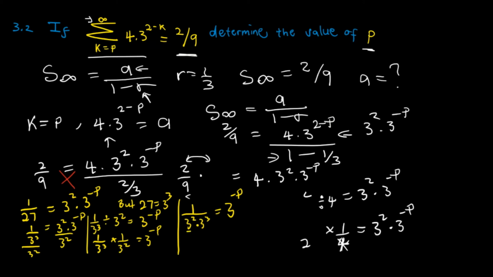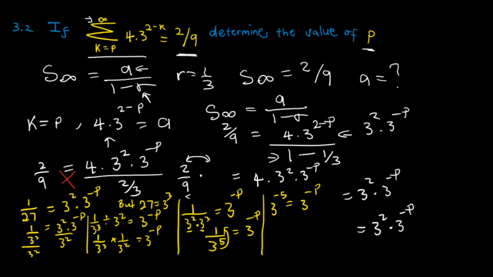So you're going to add these two here because the same base you add the exponent. So it's going to be 1 over 3 to the power of 5 is equals to 3 to the power of minus p. Right? So then what you're going to have here is, let's take this 3 to the power of 5 upwards. So you're going to have 3 to the power of minus 5, which is equals to 3 to the power of minus p.